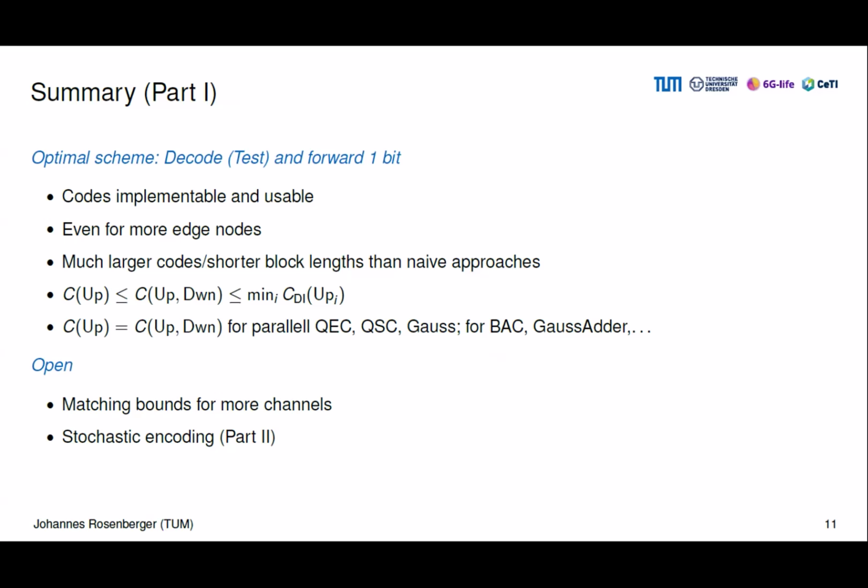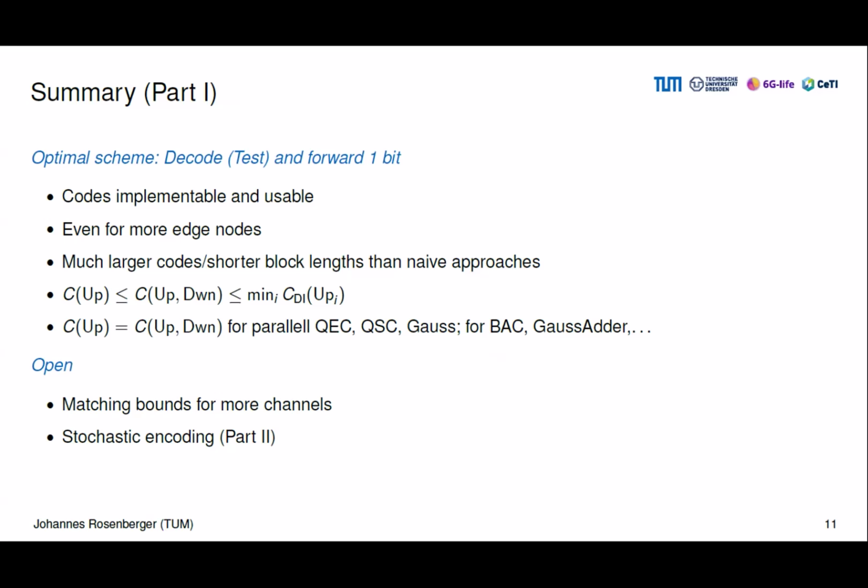And in many cases, they coincide. So for example, for Curie symmetric erasure channels, Gaussian channels, and for binary adder channels, where the channel adds the things in the end, because this addition is basically already a part of the distance test. So it preserves this distance test, Gaussian adder channel as well. These are the examples that we explicitly derive the bounds for in the paper.